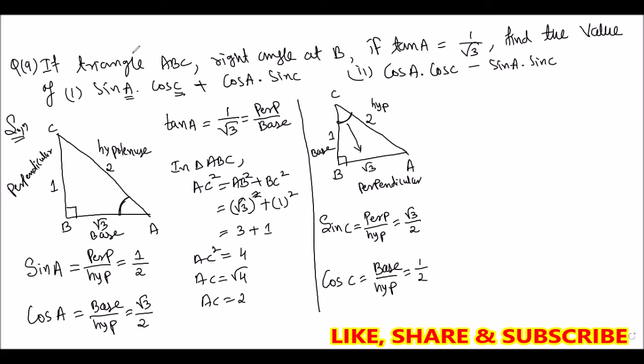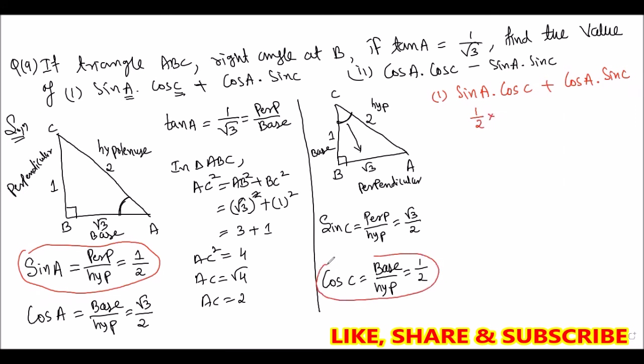According to the first question, sin A into cos C plus cos A into sin C. Substitute the sin A value 1 by 2 into cos C, which is also 1 by 2, plus cos A, root 3 by 2, into sin C, which is also root 3 by 2.